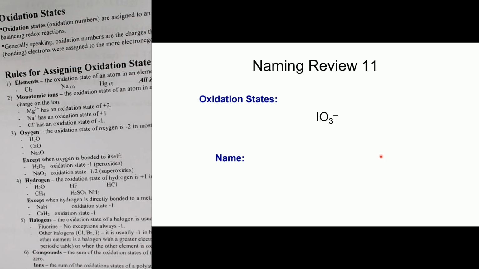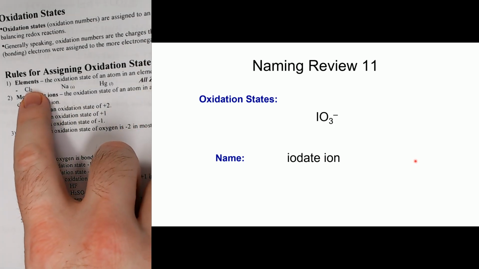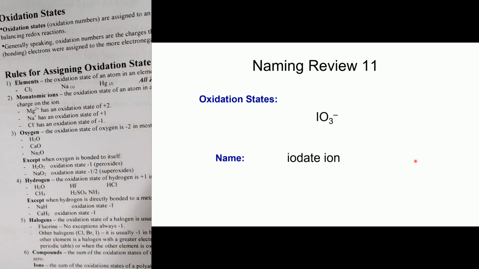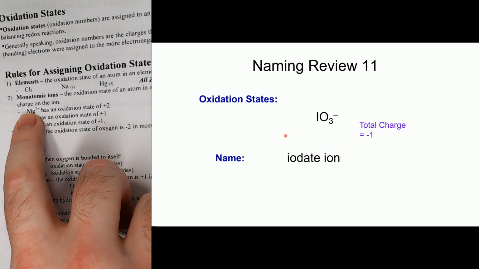Next, this is iodate. This is the polyatomic ion iodate. It's not an element by itself, so we're not going to have a 0 here. Our charge on iodate is negative 1, so we'll put a total charge of negative 1 right there. And then next, is there a monatomic ion present?